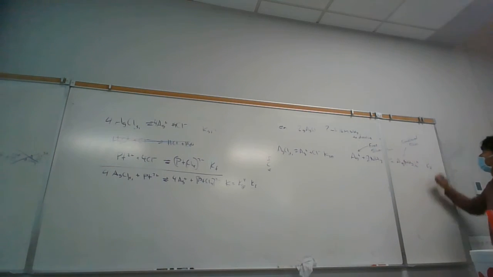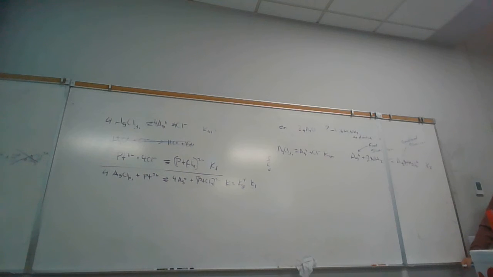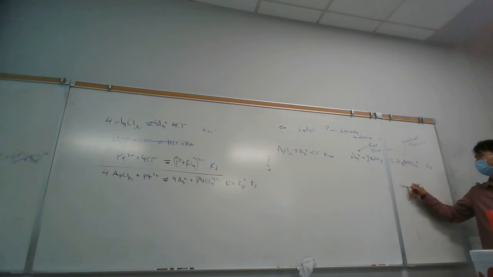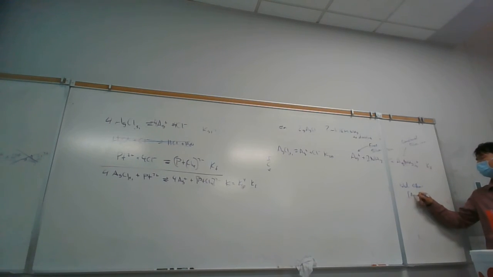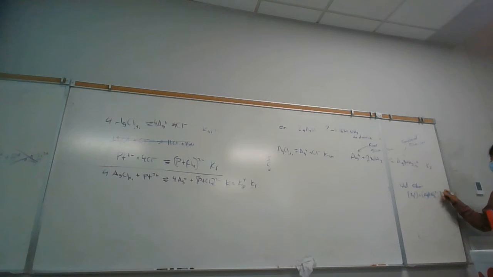So free silver and complex silver ion. And so the total silver in solution here will be the sum of the free silver plus the complex silver concentrations.